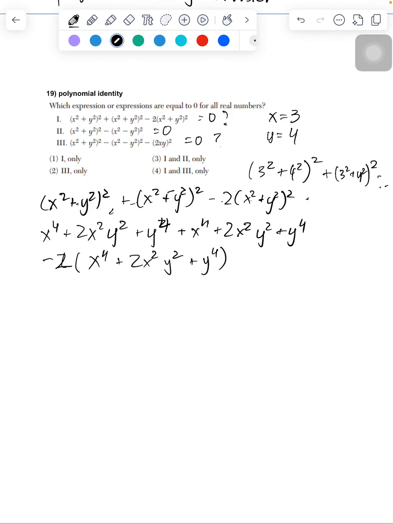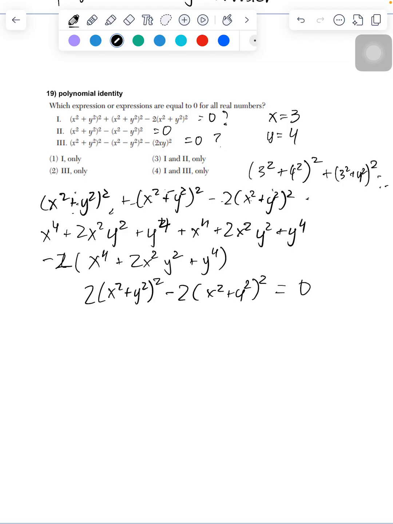I could rewrite this as 2 times (x squared plus y squared) minus 2 times (x squared plus y squared). These two are the same, so this is just going to give you 0. It's the same thing minus the same thing.